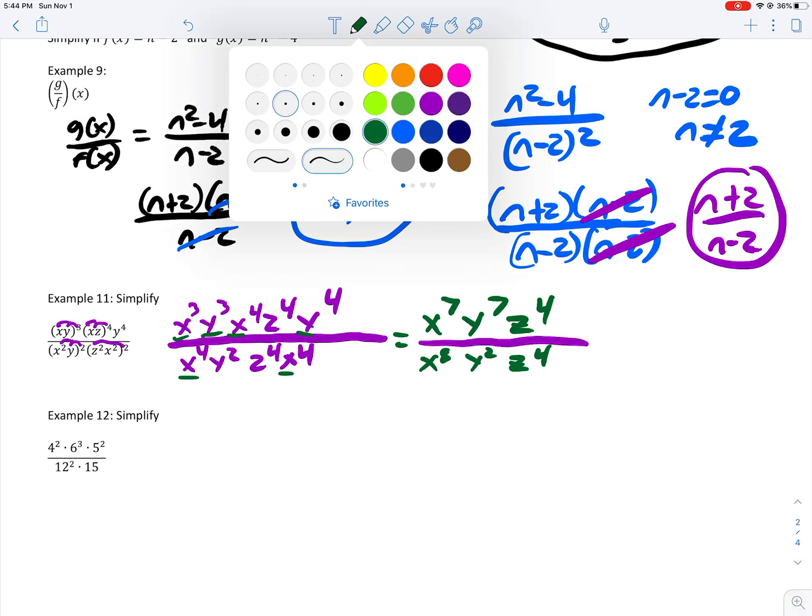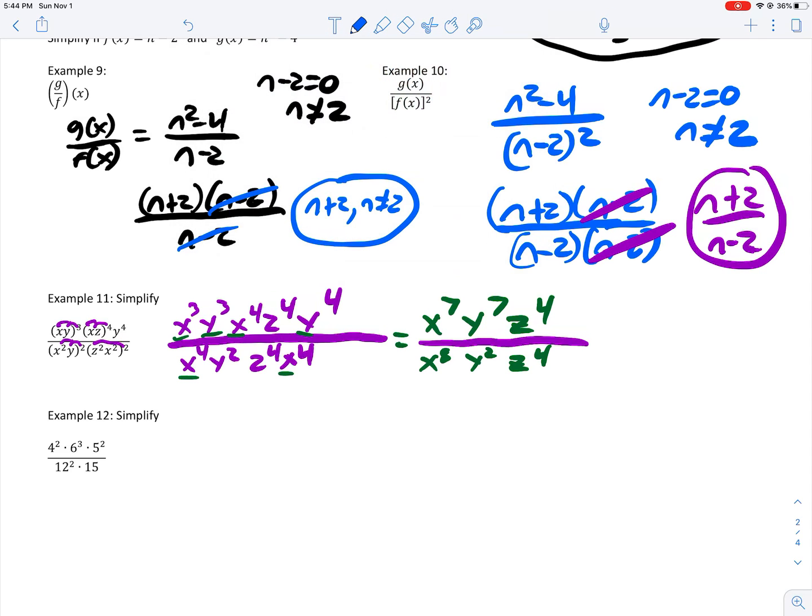Now I'm going to simplify. The z to the fourth reduce. Remember, when you're dividing, you subtract your exponents. So I have y to the fifth, because these two are gone, so there are 5 left. All 7 of these x's are gone, there'll be 1 left. So you end up with y to the fifth over x.